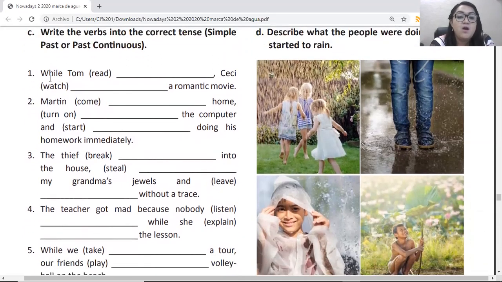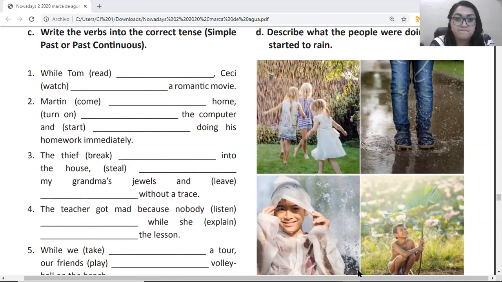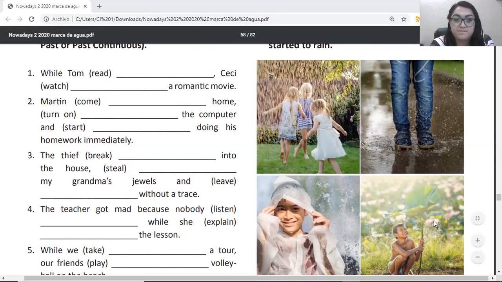And we have in here, while Tom, mientras Tom was reading, Ceci was watching a movie. And we have in here, let me share. While Tom was reading, Ceci was watching a movie.